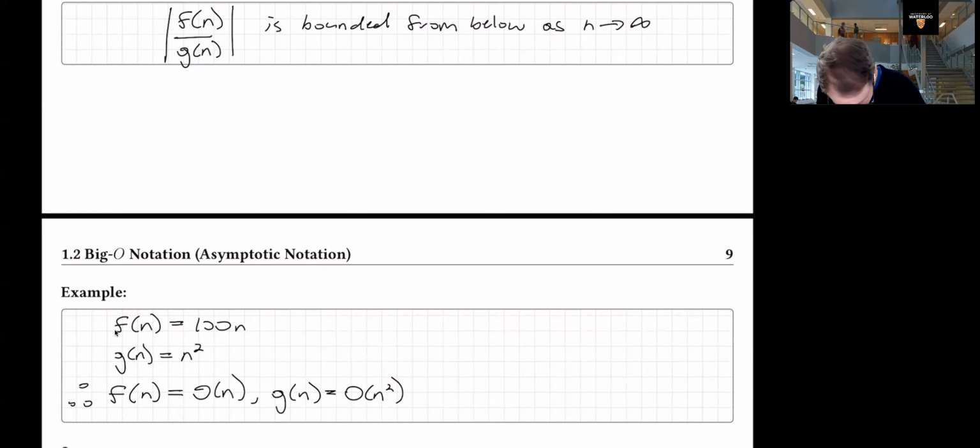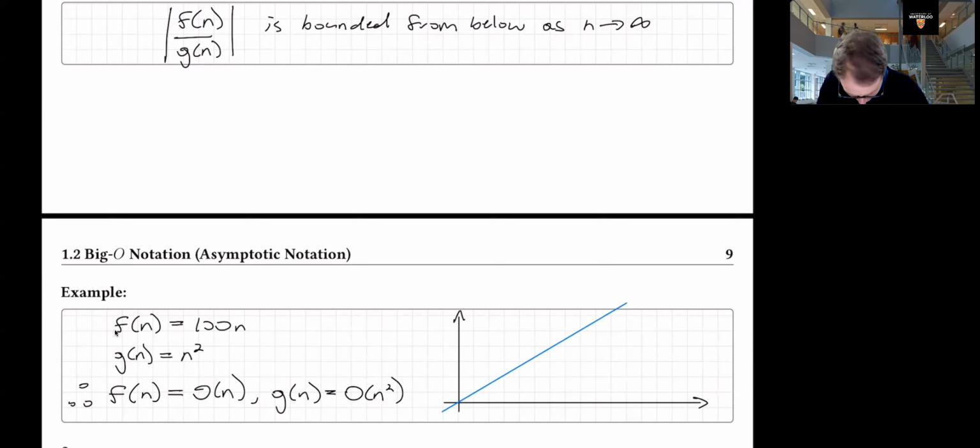And the two functions look something like this. Where f of n is just a straight line, and g of n is a parabola, right? So this is g of n. This is f of n.